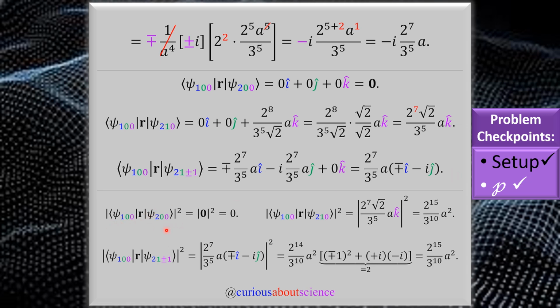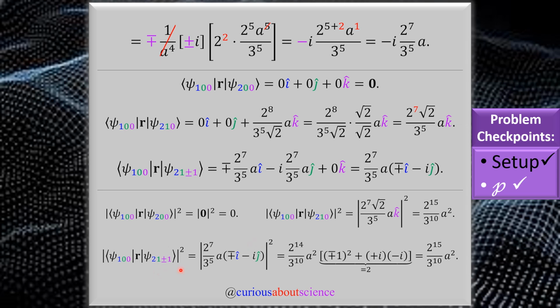So going ahead and taking these things squared, 0 squared just gives us 0. Cool. Then we have this thing with the z direction, so square that, or take the dot product with itself, whatever you want. Here, we see that that's going to lead to 2 to the 7th, which gives us a 14, but because of this square root of 2 squared, that's another one, so you get 2 to the 15. That doubles its exponent, so that's a 10, and then you have a squared.